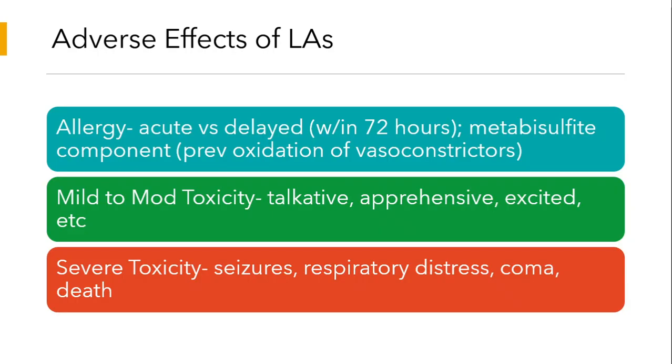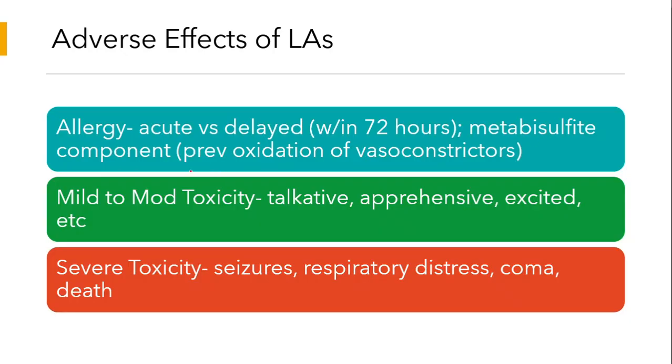Some adverse effects of local anesthetics. So basically, allergy is common. This is especially common in esters, and also in local anesthetics with vasoconstrictors. Why? Because the component that would give allergy would be the metabisulfite, which is a preservative.